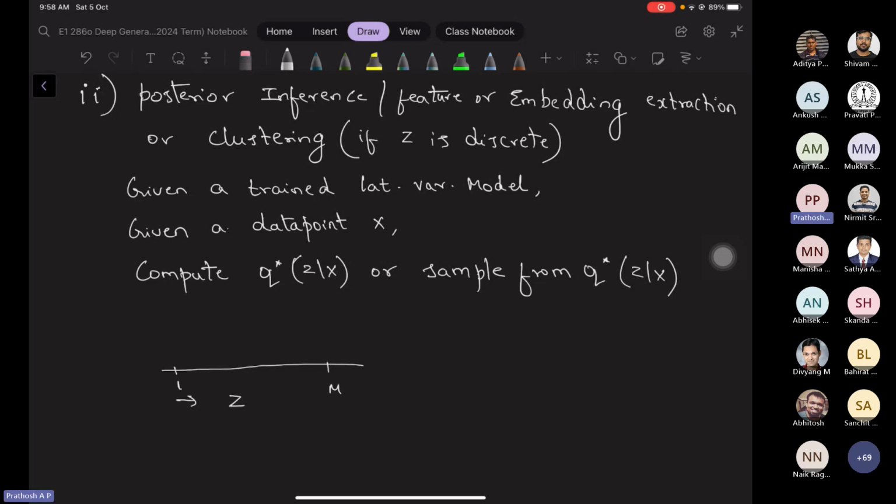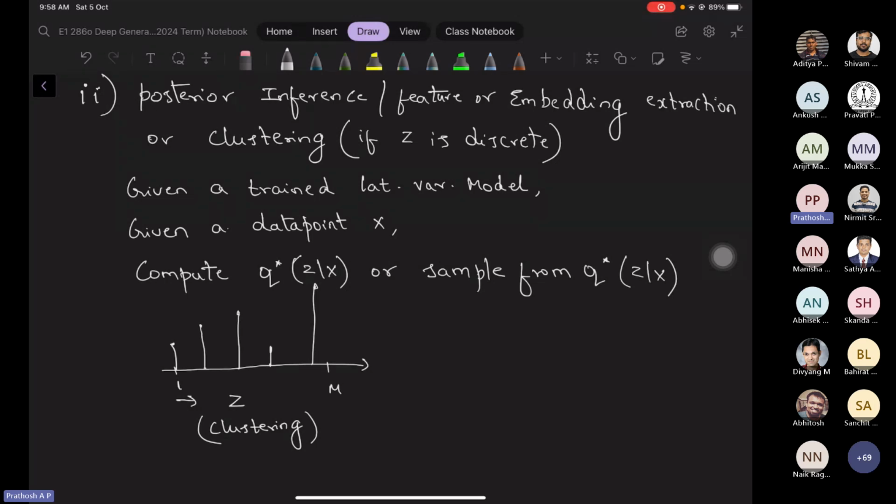If you are computing q star of z given x, there will be an entire discrete distribution over z. This is called clustering. Every x is divided into one of m possibilities.